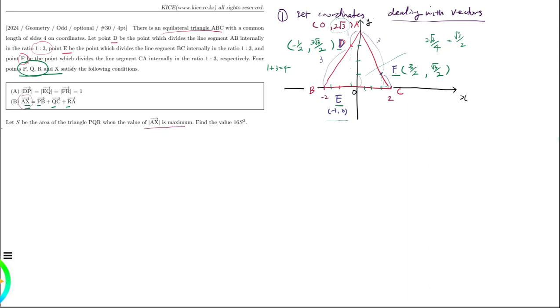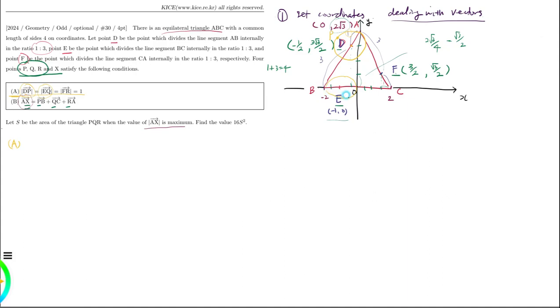And then let's see condition A. Condition A means that the length from point P to point D is 1. It means point P is on the circle centered at point D with radius 1. It's the same for the other cases.